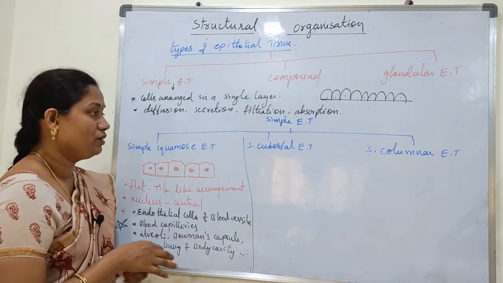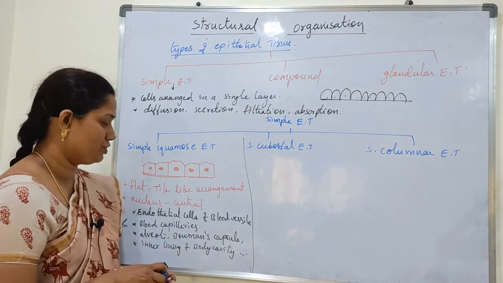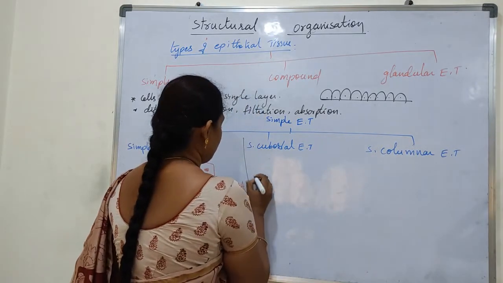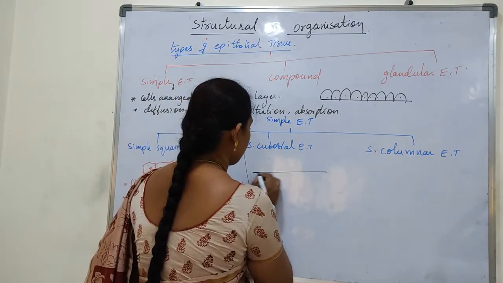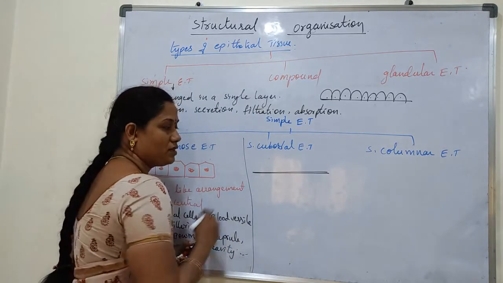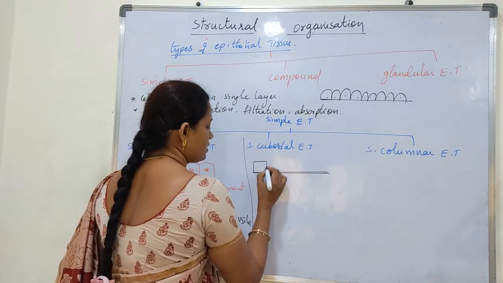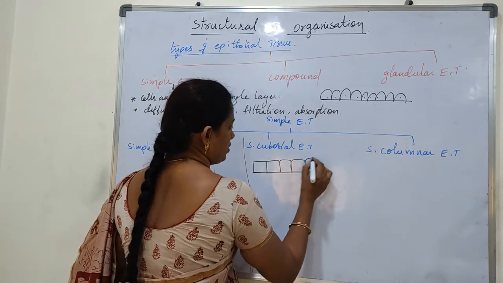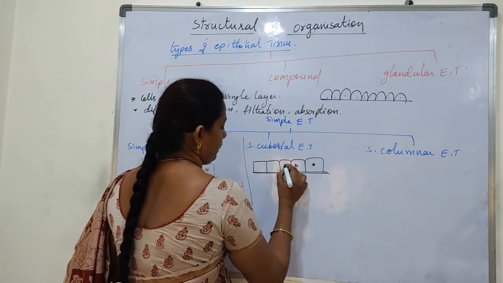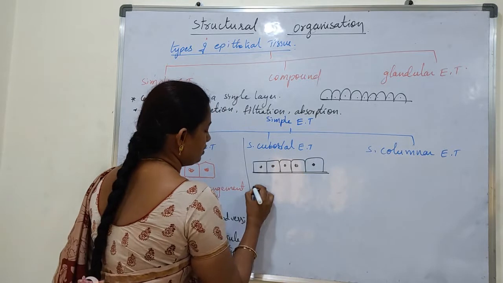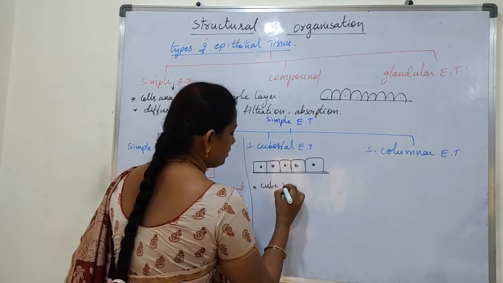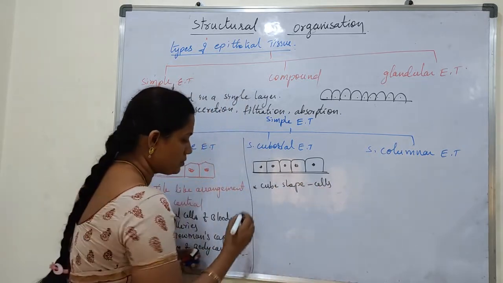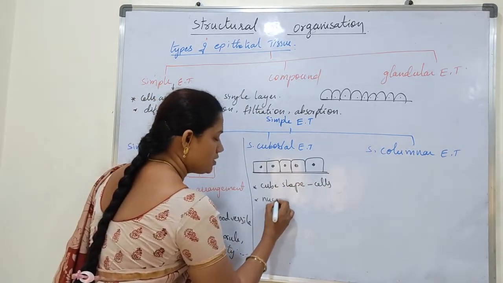Next, we will go to cuboidal epithelial tissue. Here the cells are always present on the basement membrane. The cells are cube shaped, like a square shape. Here also the nucleus is central.